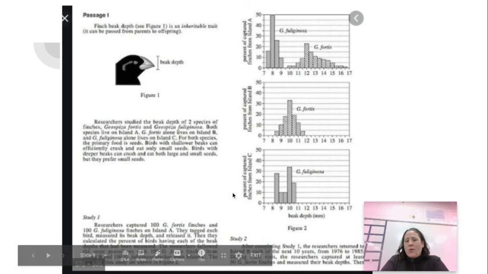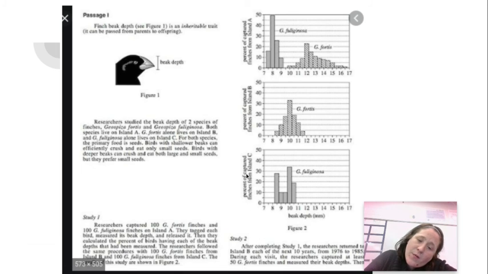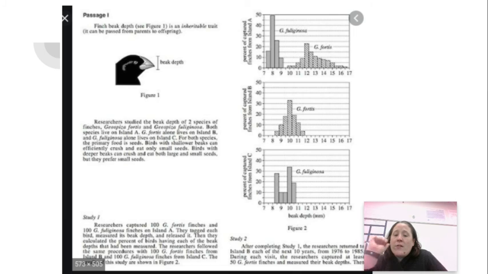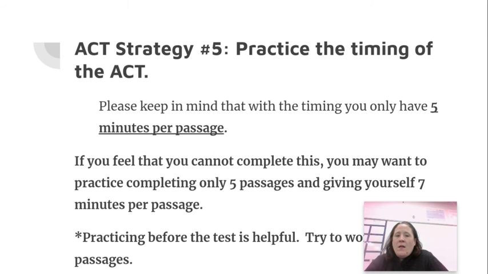So then I would look at the figures. This one says percent of captured finches. So it looks like we're looking at finches and we're looking at the depth or the size of their beak. Then I would go ahead and answer questions off of this graph and this diagram. Again, I'm not too concerned about the different studies.